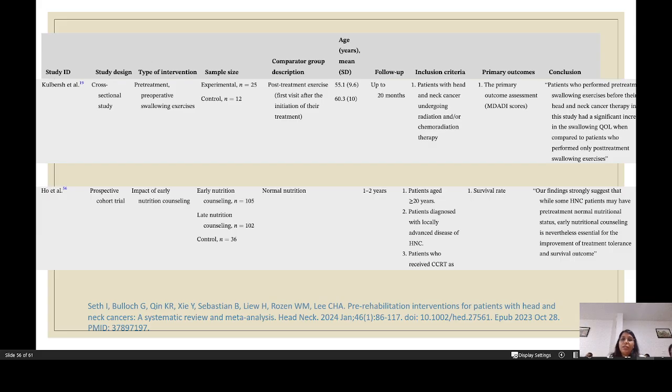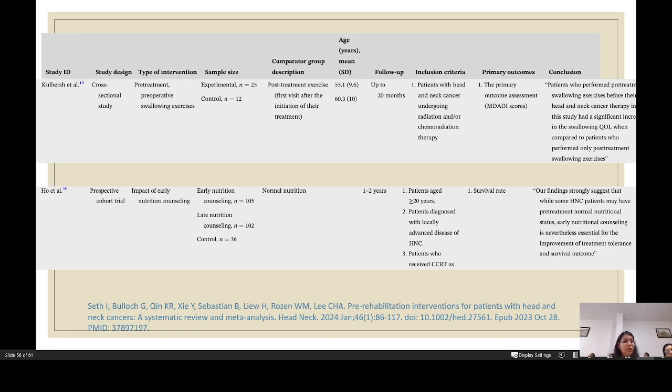Inclusion criteria was patients with head and neck cancer undergoing radiation or chemotherapy. Primary outcome was primary outcome assessment. Conclusion was patients who performed pre-treatment swallowing exercise before head and neck cancer therapy had significantly increased swallowing quality of life when compared to the patients who performed only post-treatment swallowing exercise.